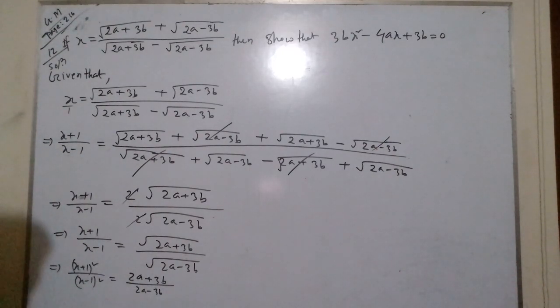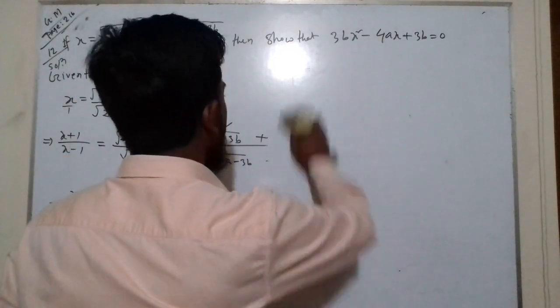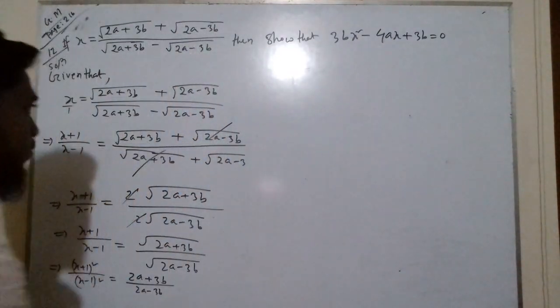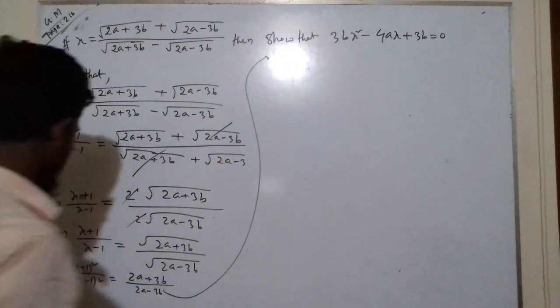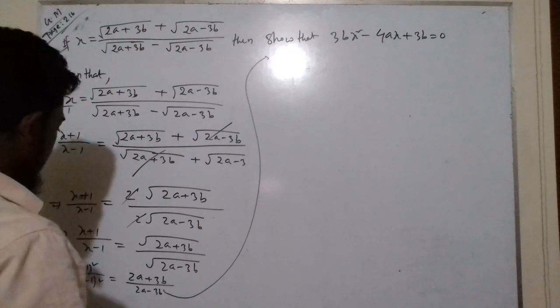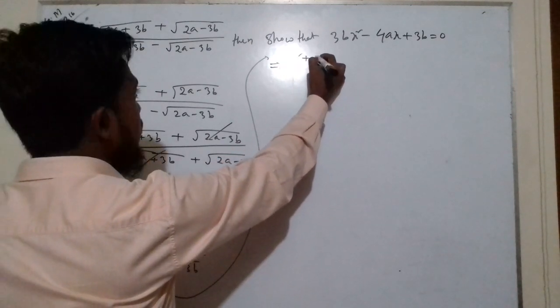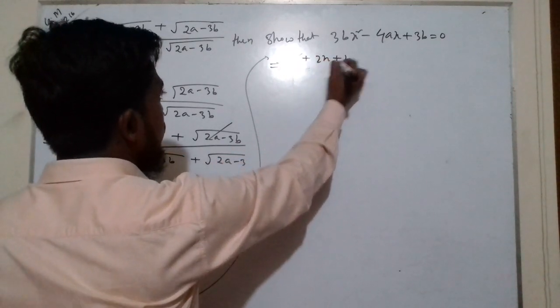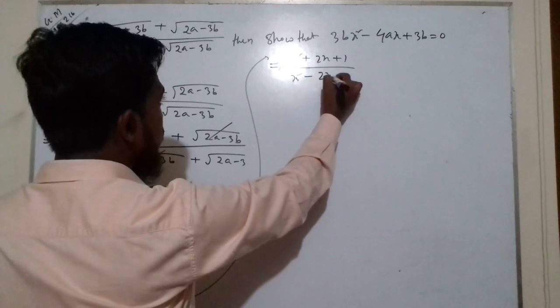Okay, now we can write x square plus 2x plus 1 divided by x square minus 2x plus 1.